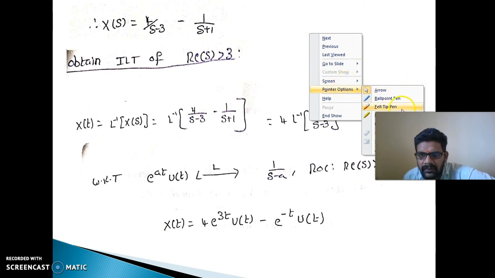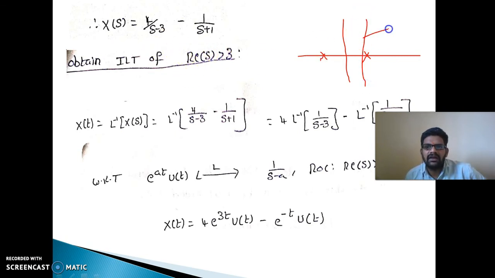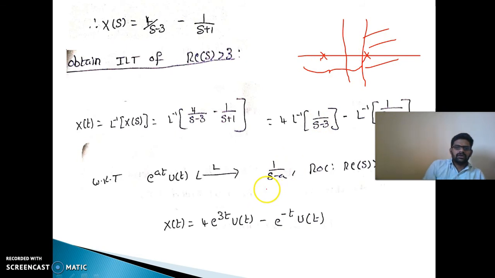See, for example, if you plot the s-plane, plus 3 is here and minus 1 is here, and he is asking for the function with ROC greater than 3. That means all these poles come into the picture. So 4e^(3t) minus e^(-t) is a valid function.